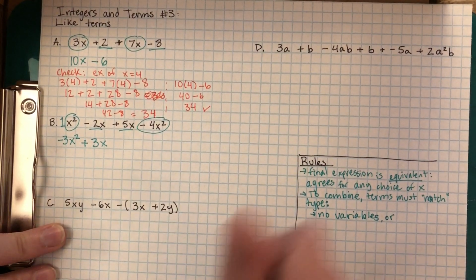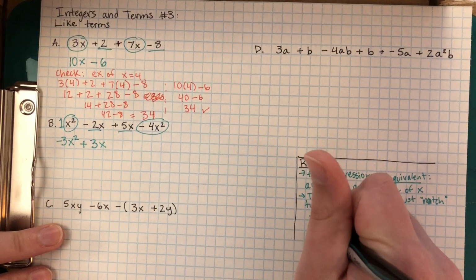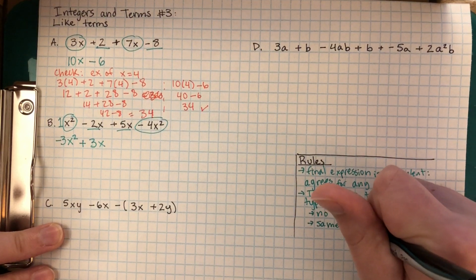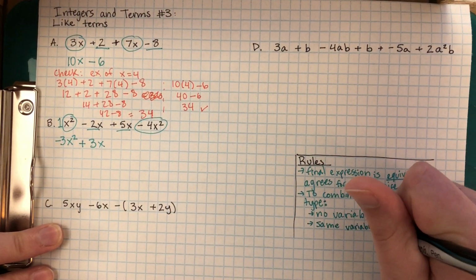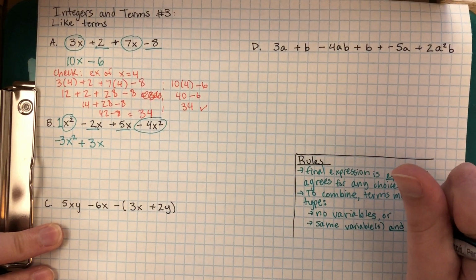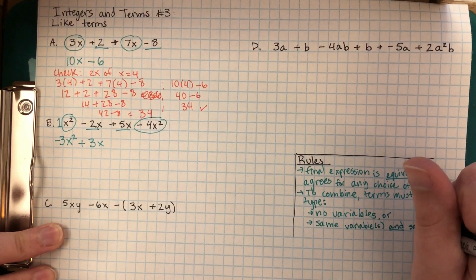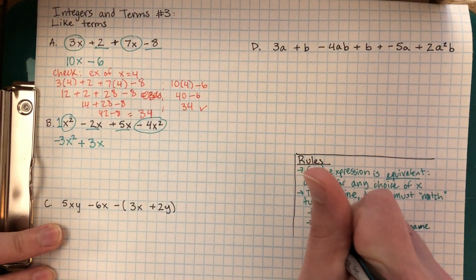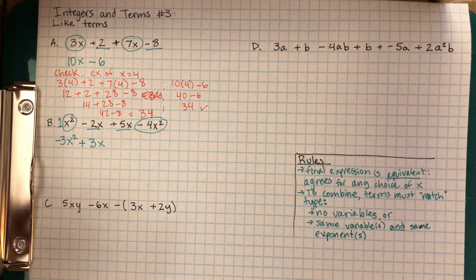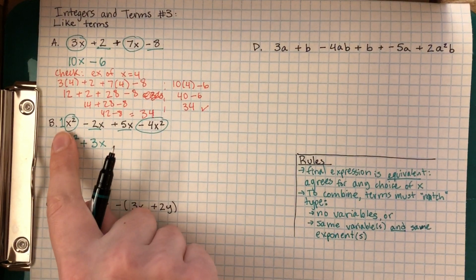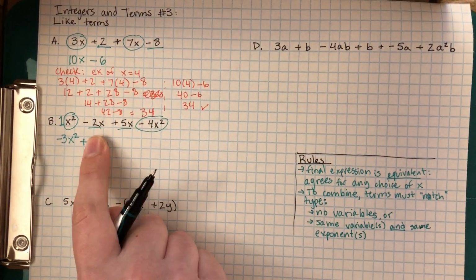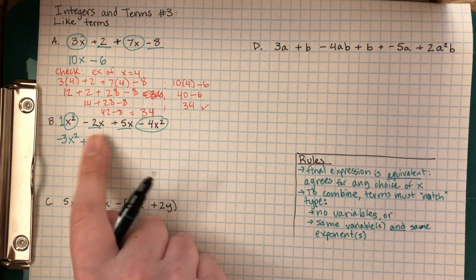Or if they have the same variables and the same exponent. Okay, so for example, this one and this one have the same variable and the same exponent. These two had the same variable and no exponent, which is kind of the same idea.